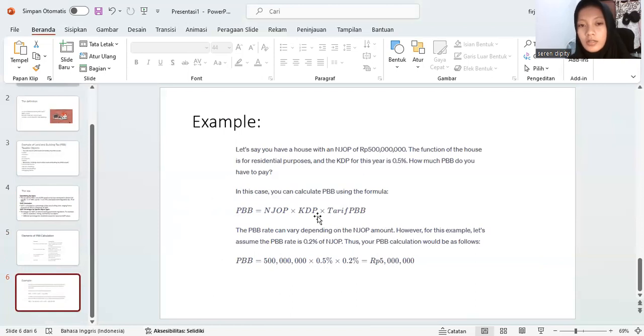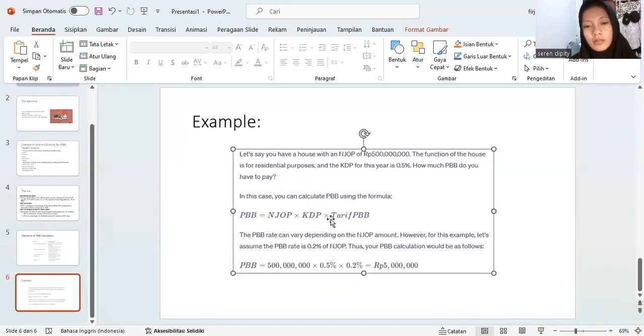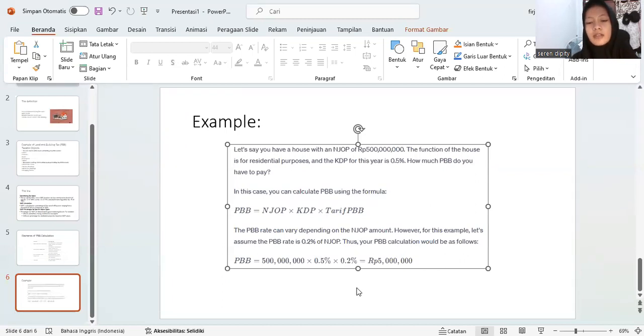Your NJOP is 500 million times 0.5 KDP times 0.2% PBB rate, which equals 5 million per year. So you should pay for your house every year because you own it. You should pay the government 5 million annually.